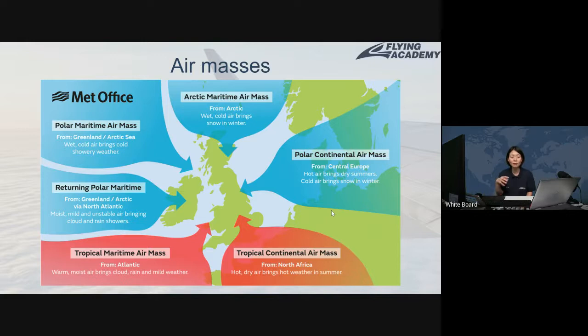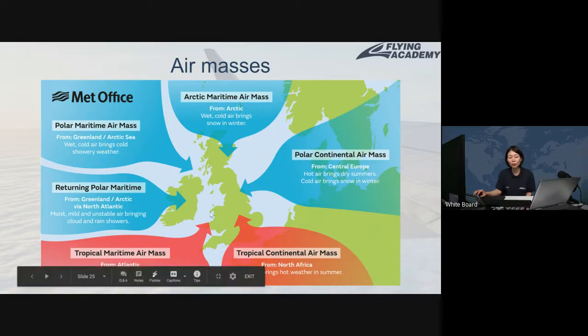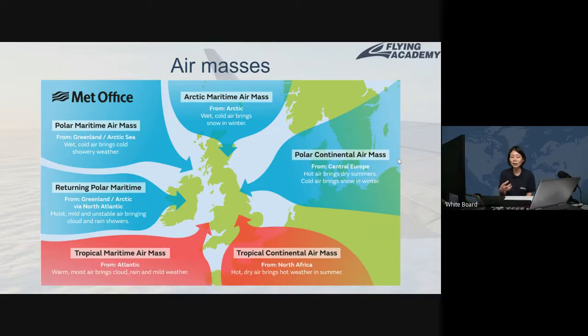It can just maintain the polar characteristic, and can even get colder and colder, because our temperature during the winter time is still cold. So even though an air mass has its origin, it depends on where it's blowing, and the characteristic can change, it can weaken, and it can get stronger as well. It depends.